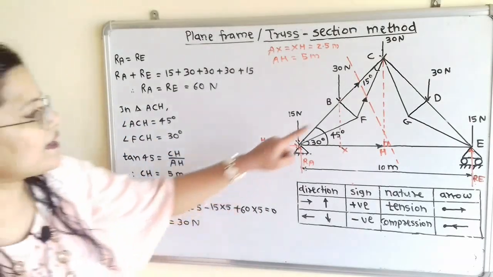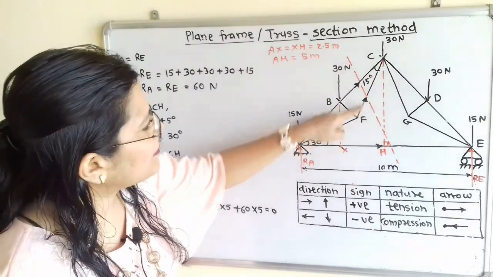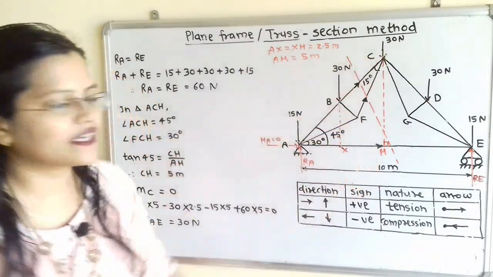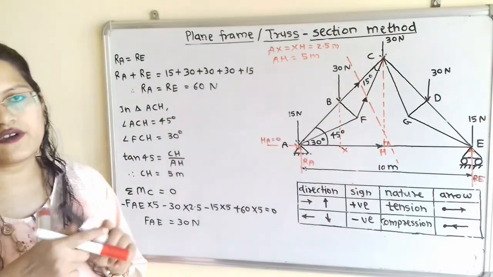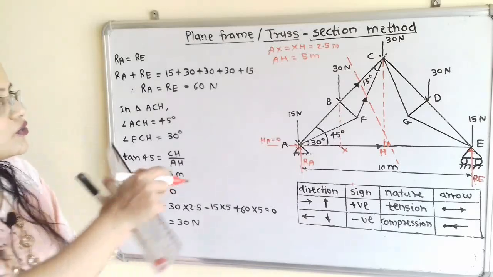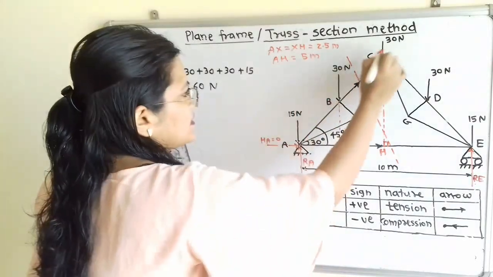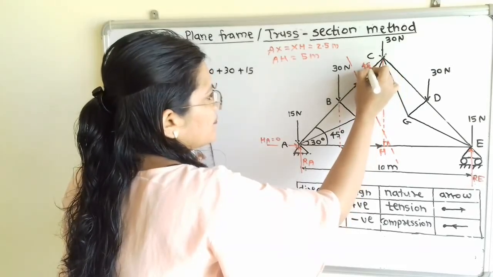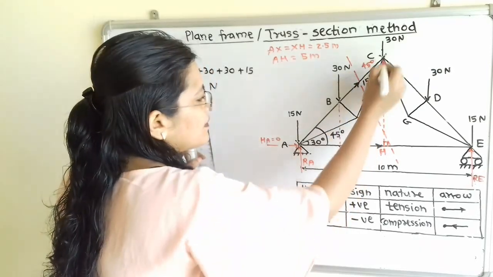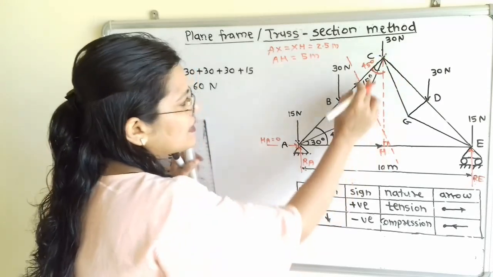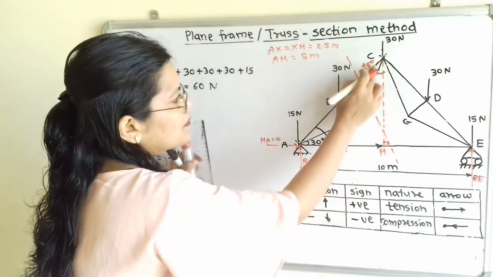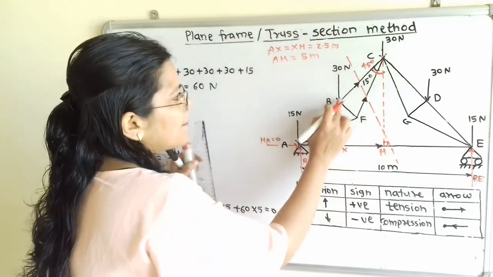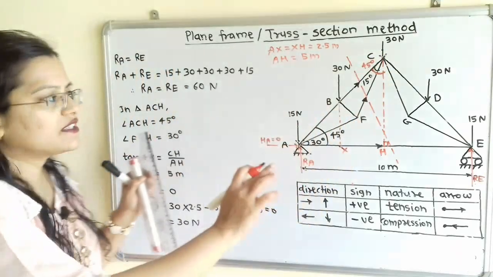Now how do we find the angle made by FC with the vertical line? That means we have to find the angle of inclination. For AC, the angle of inclination is 45 degree. Now for FC, the angle of inclination is 45 minus 15, because this angle BCF is mentioned in the question as 15.